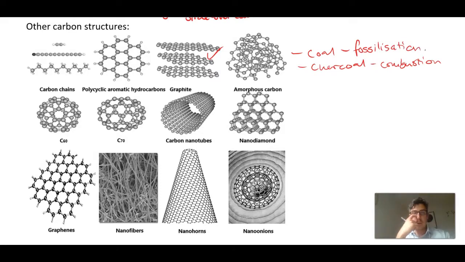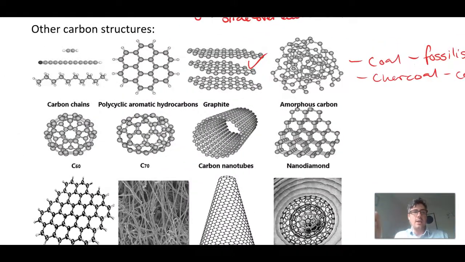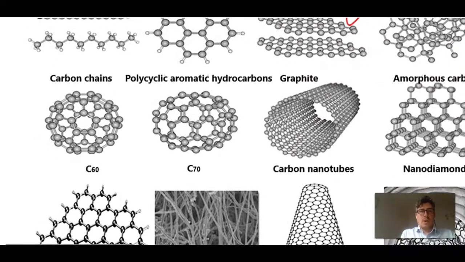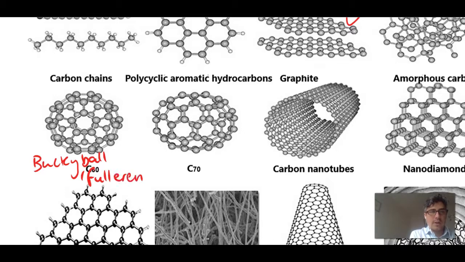So that takes a long time, but it's a sort of mixed structure that you get there. Then there's also what they call buckyballs. Now, a buckyball, or properly known as a fullerene, is a spherical structure where the carbons are all linked together in a sort of ball shape. Initially this was discovered in Australia, in Canberra, and they didn't really have any uses for it, but now they've found that there's potential uses in photovoltaic cells, so solar power.